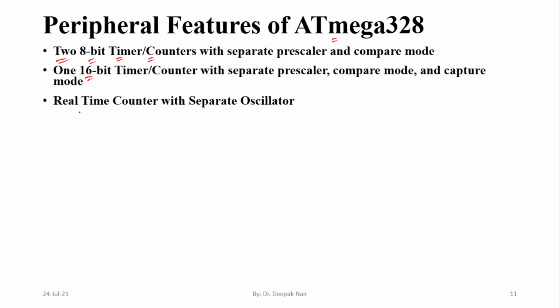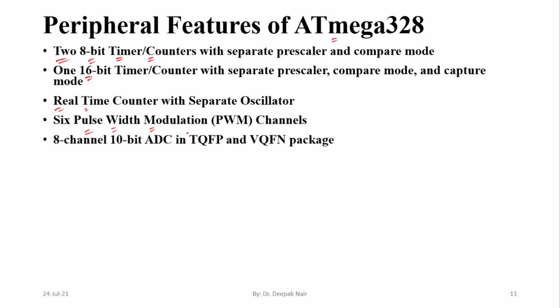And it can have its own real-time counter with a separate oscillator. It has got 6 PWM channels, or we have seen before, it has got 6 PWM pins or pulse width modulation pins available with the microcontroller.